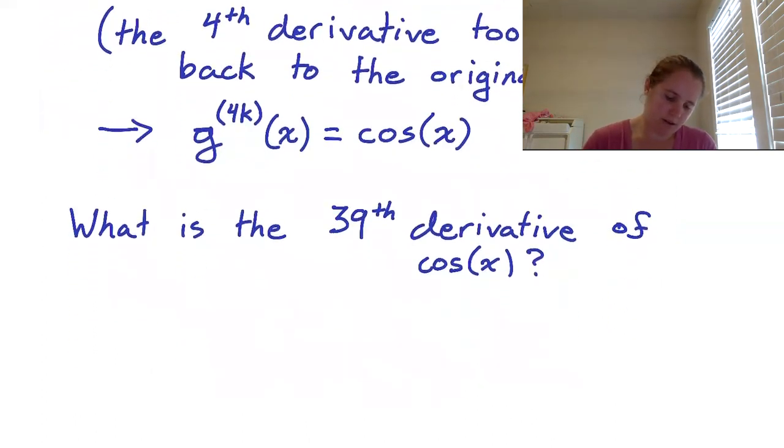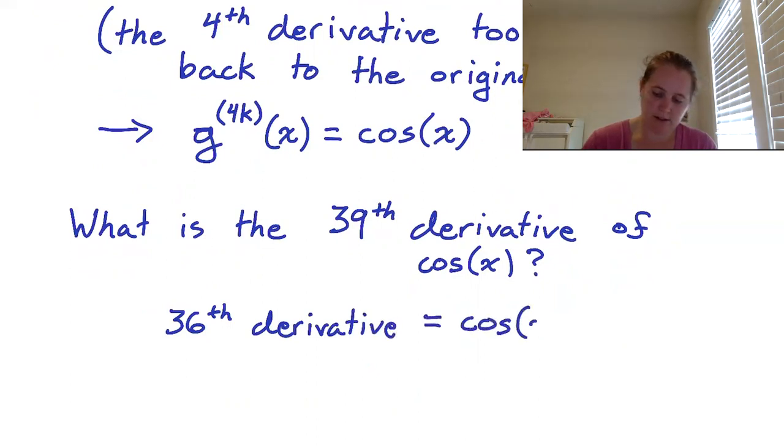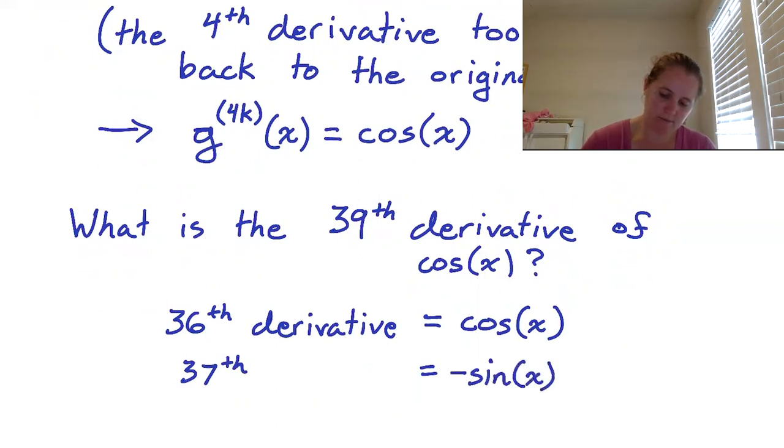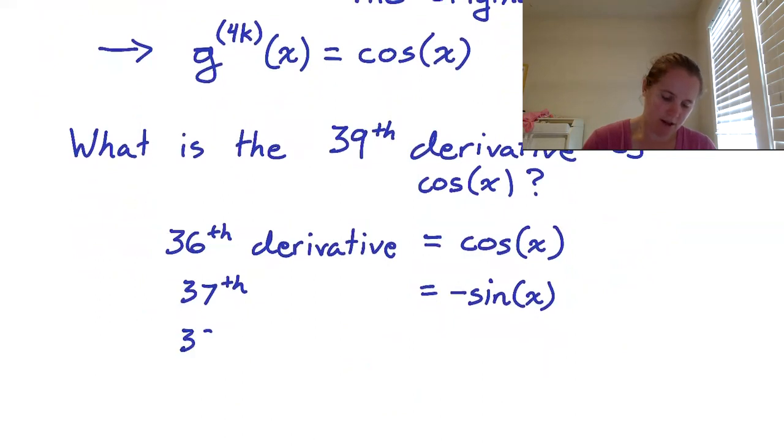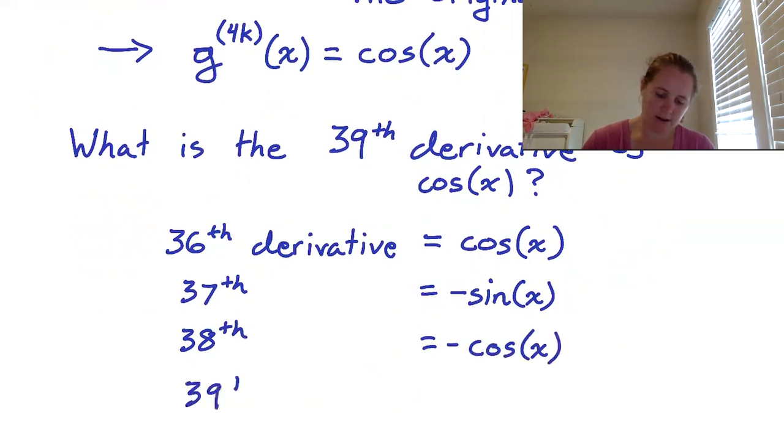So I know that the 36th derivative will still be cosine of x. It's a multiple of 4, right? So the 37th, we would have negative sine of x. The 38th winds up being negative cosine x. And we have the 39th will be positive sine of x.